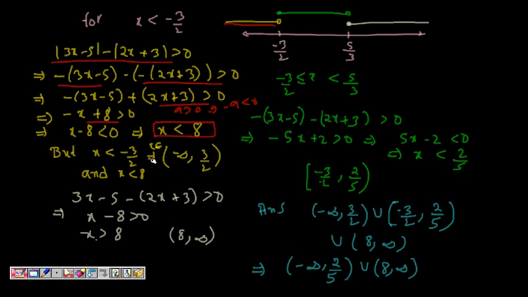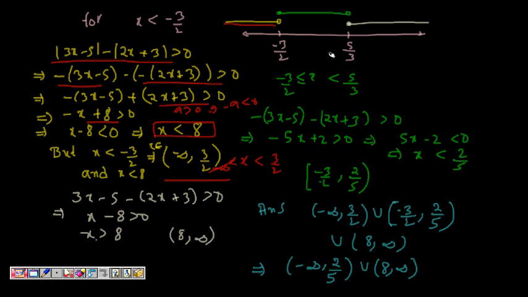So the intersection of both of them is minus infinity to minus 3 by 2. And now you can ask, what is this? So this means this is the interval minus infinity to minus 3 by 2 where minus 3 by 2 is not included. So x is less than minus 3 by 2 and greater than minus infinity. So x is less than minus 3 by 2, okay.